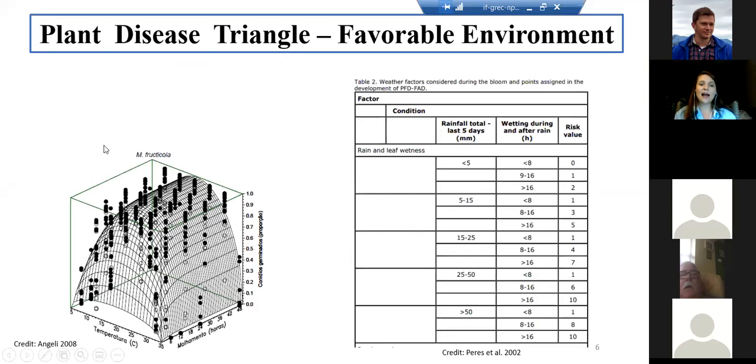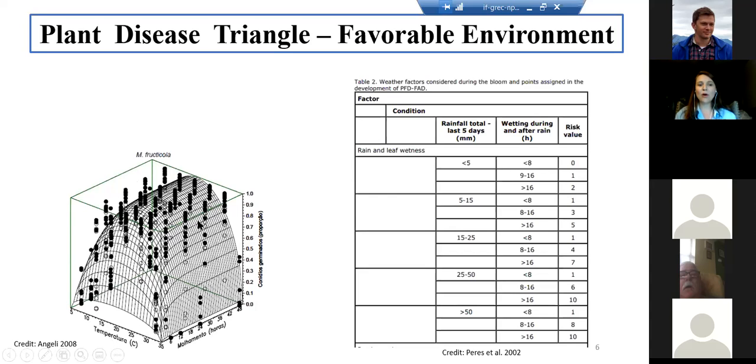On the left, we tested different temperatures, in Celsius here, something between the 30s and the 90s in Fahrenheit, and different wetness periods. What is a wetness period? It's how long the leaf of a plant is wet, especially due to high humidity or rain, at the different temperatures.